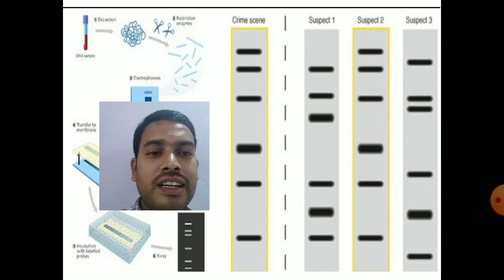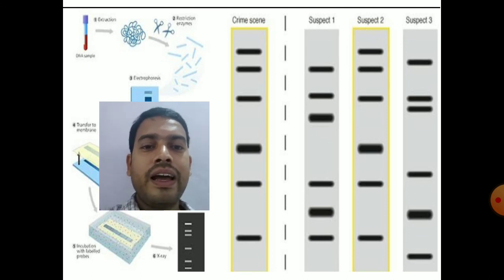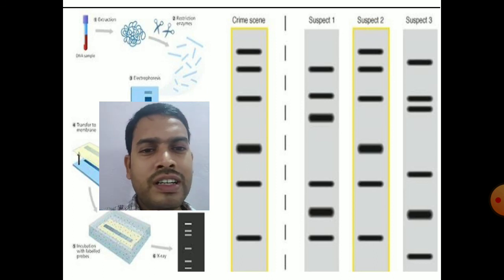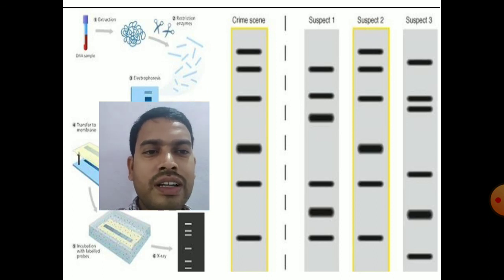This technique became a vital technique after its invention, and it is followed till today, though it is old, from the 80s, that is 1986. It still gives accurate results for the identification of criminals and paternal issues and some other types of biological studies.